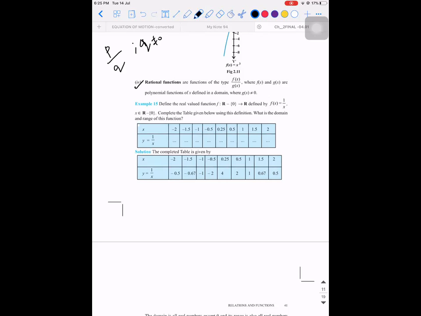If you get it in the form p by q, then this number is called a rational number. In a similar way, if you remove the word number and add the term function, what do you think it will be?